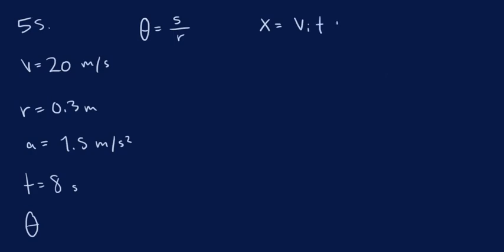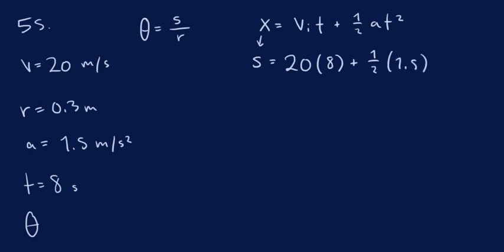So I'm just going to call x s to make this easier. What's our initial velocity? 20 meters per second times time, 8 seconds, plus 1/2 our acceleration, 1.5 meters per second squared, times t squared, which is 8 squared.